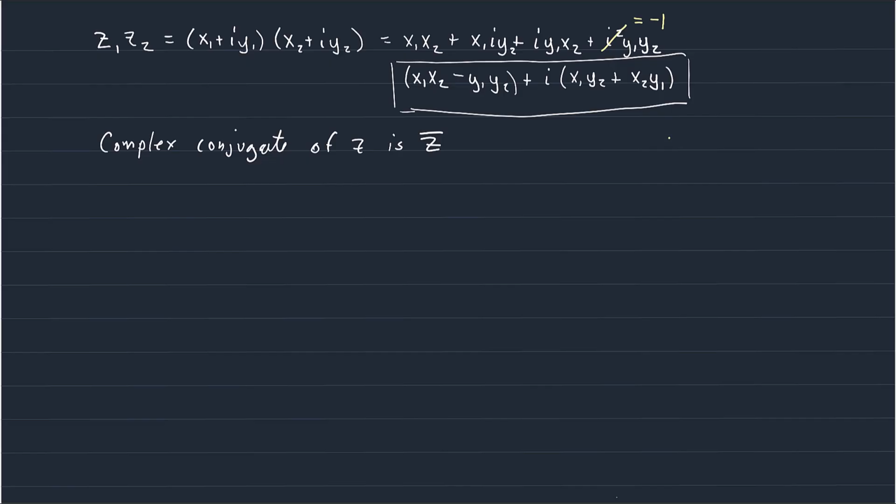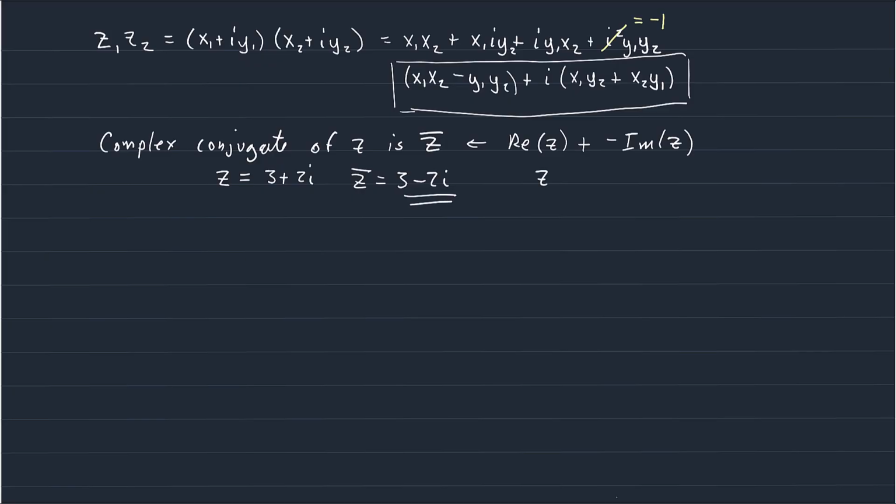So it's the real part of z plus the imaginary part times -1. So, for example, if z is equal to 3 plus 2i, z bar is the real part of z, which is 3, plus the imaginary part multiplied by -1.